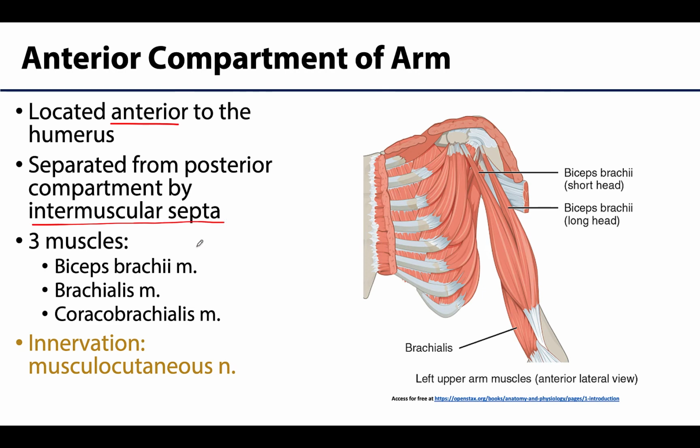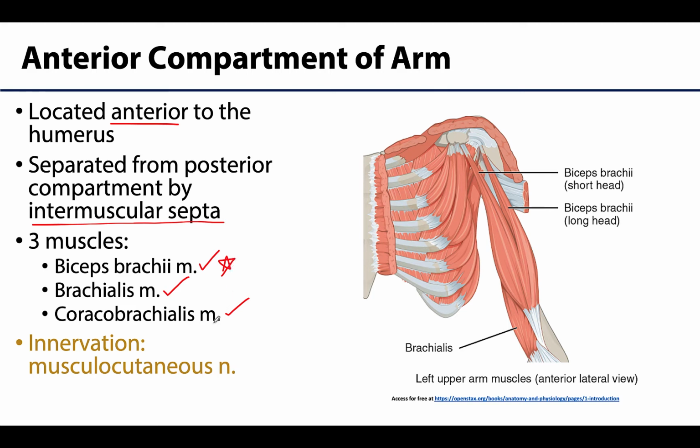There are three muscles of this compartment: biceps brachii, brachialis, and coracobrachialis or coracobrachialis. You'll hear it either way. Biceps brachii often gets the most playtime in discussion, perhaps due to the fact that it is more superficial. But there are also some notable complexities with this muscle, so we'll talk about this one in a little bit more depth.